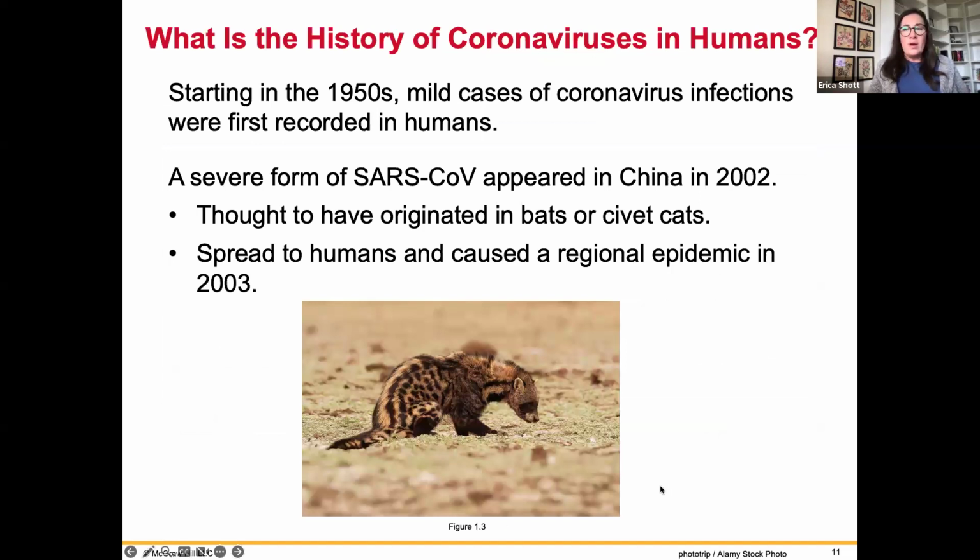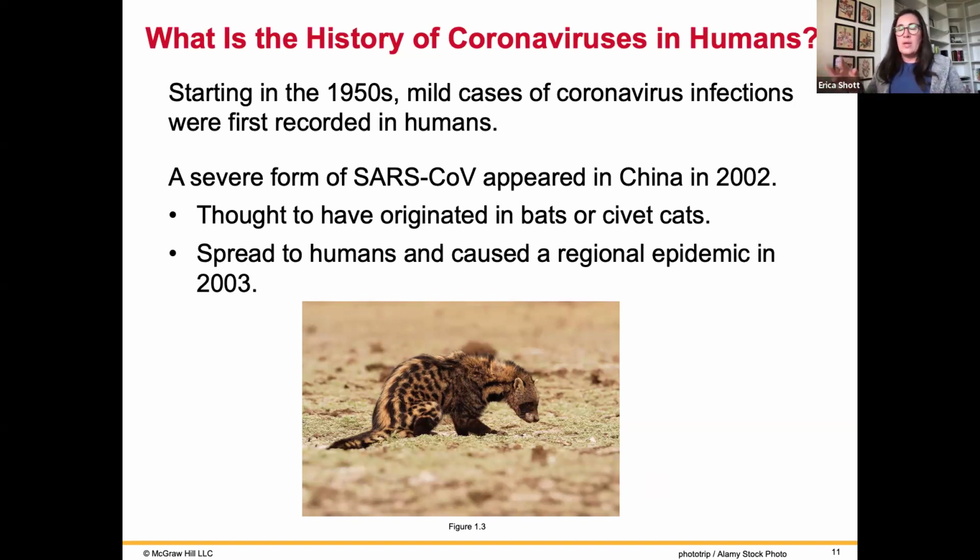So the history of coronaviruses in humans is kind of interesting. Just so you know, many viruses that we know today are what we call zoonotic in origin. That means that they didn't always have a human host as the primary reservoir, or place where we find them in nature. A lot of these things are coming from other animals.